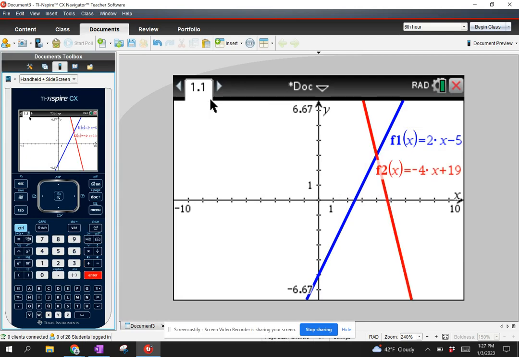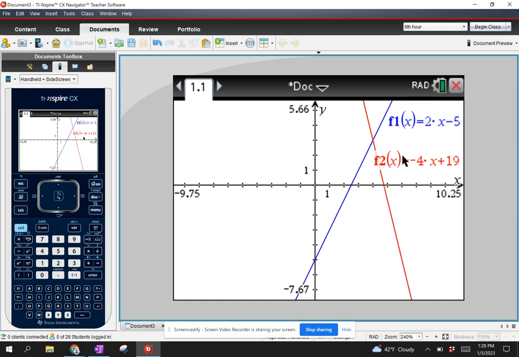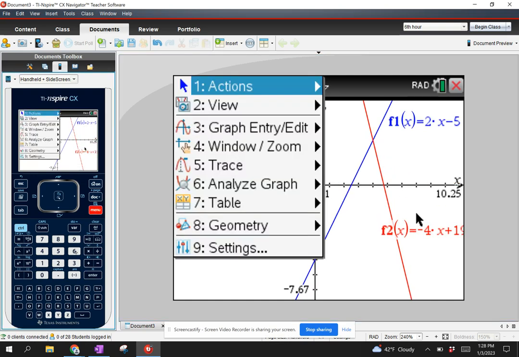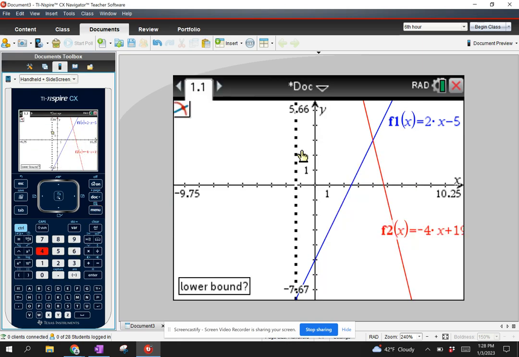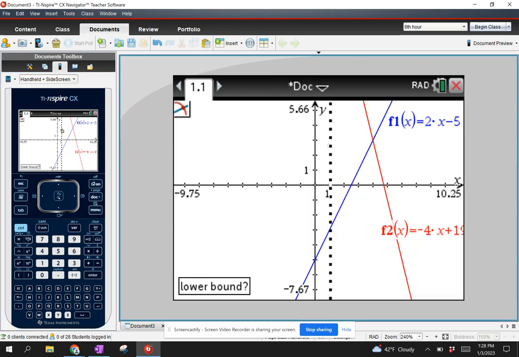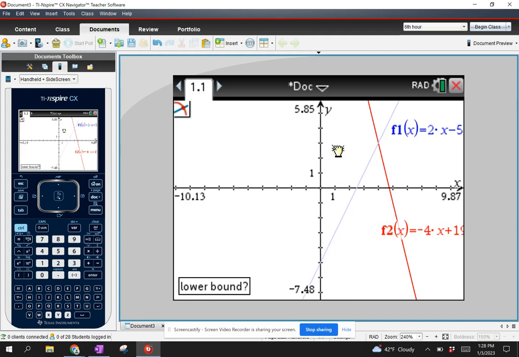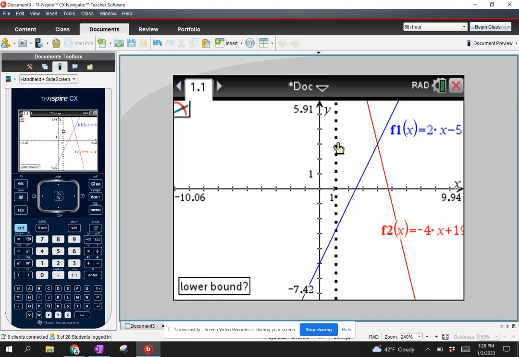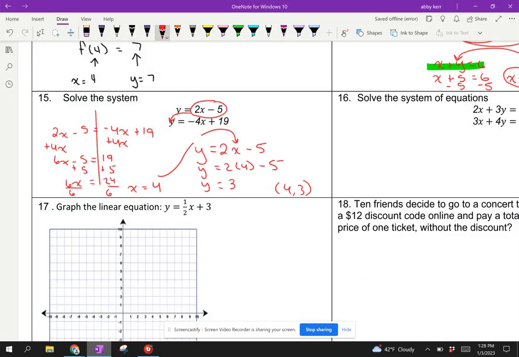Now remember the y-intercept is 19, so it's off of our grid, but you can still see our red line. Now the three buttons you want to remember is menu 6-4. You want to do the left, which is lower bound. Click the center key. And then go to the right. And then our answer is 4, 3. And that's what we found using substitution.